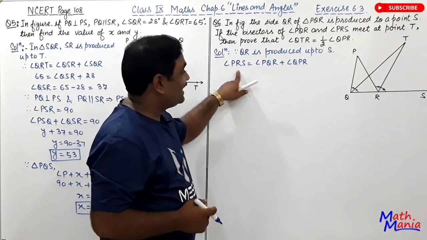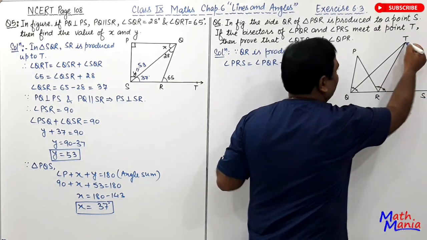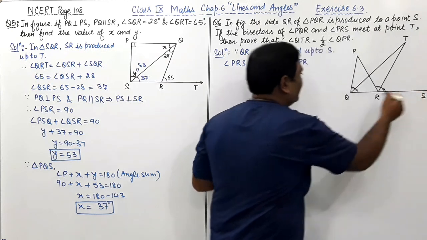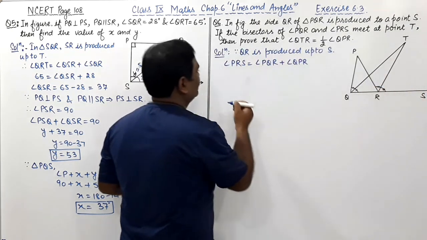Now let us see, this PRS can be written as 2 times angle TRS. Okay, why? Because RT is the bisector of this angle.